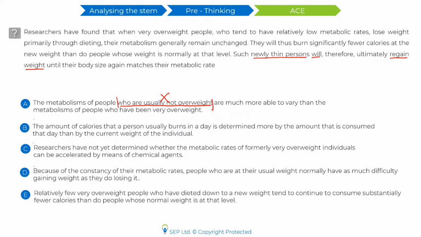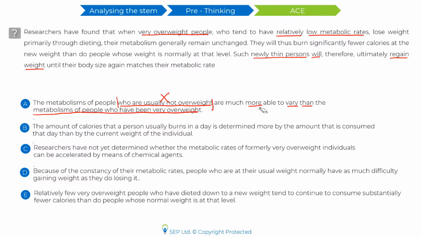Also, we are told that the metabolisms of these people vary more than the metabolisms of people who have been very overweight. Now, this we already know. We know that very overweight people have low metabolic rates, relatively low. So we already know that people who are not very overweight, their metabolism is usually higher than the metabolism of these people.